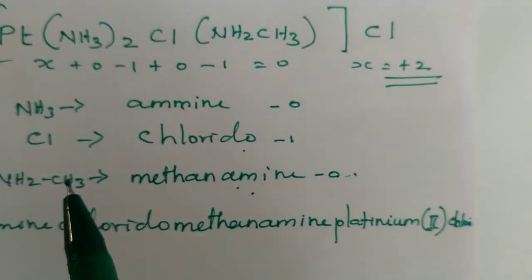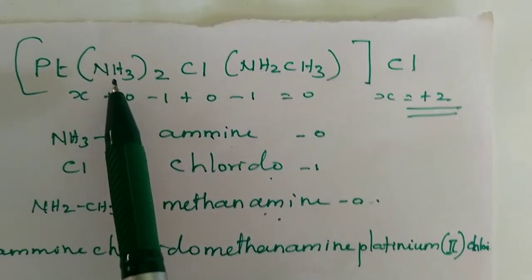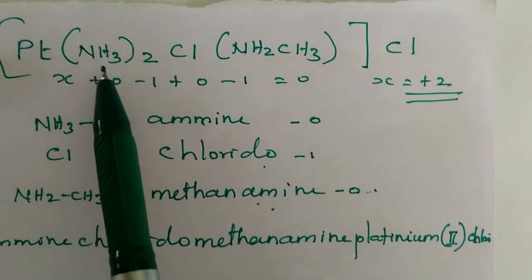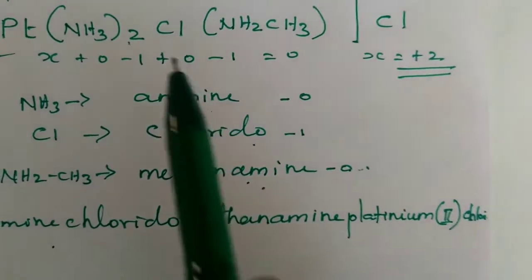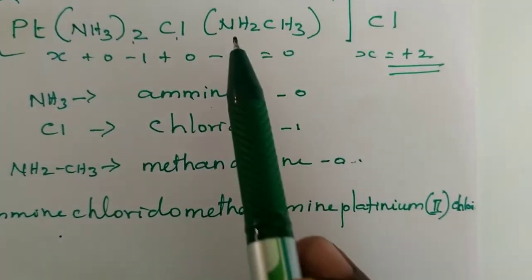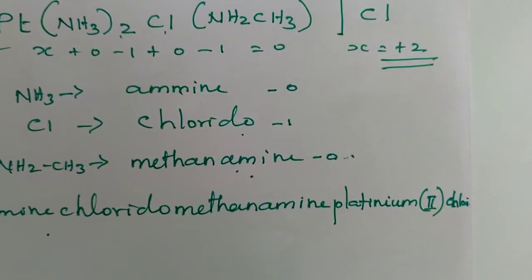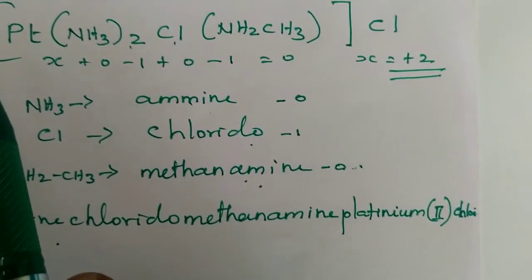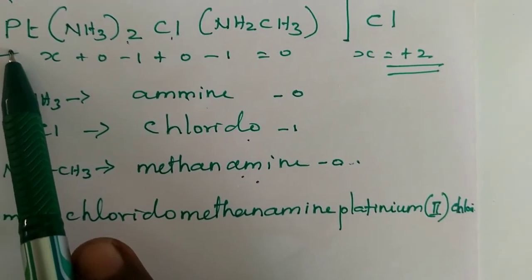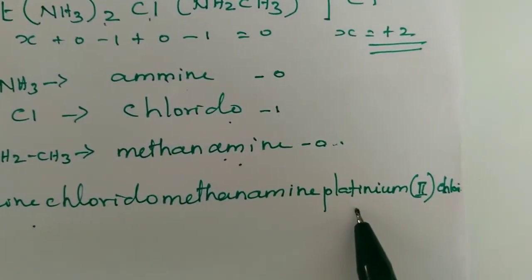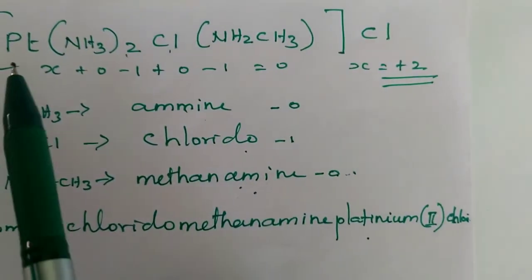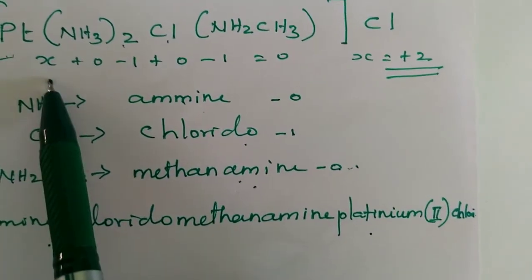Now, we start writing the name. Following alphabetical order, ammine will come first. 2 times it is repeating, so diammine, chlorido, methanamine. Now, we write the name of the central metal atom, that is platinum. It is a cationic part, so platinum. Now, we calculate the oxidation number for platinum, x.